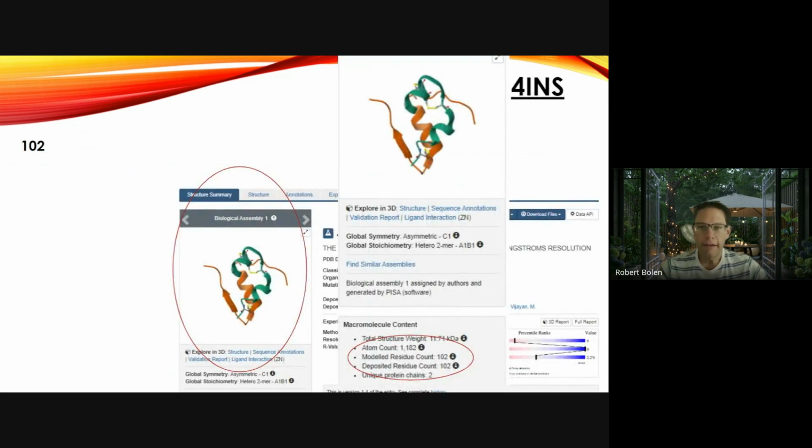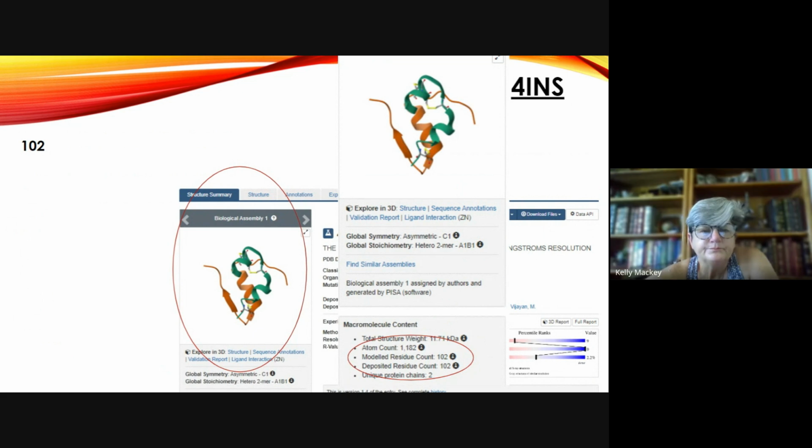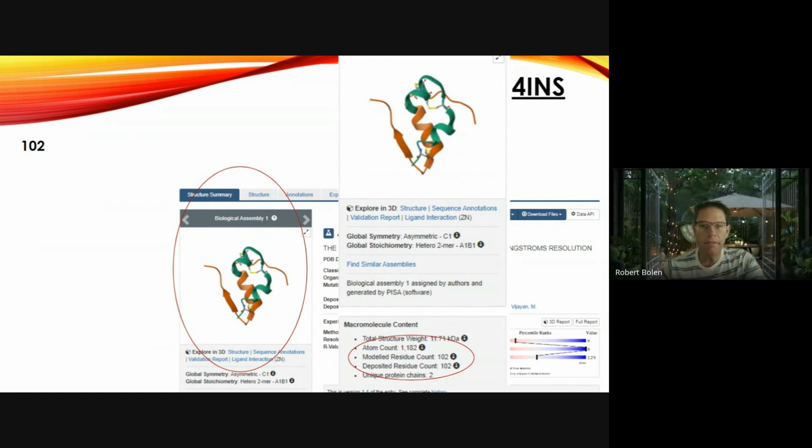See, on the left-hand side underneath the biological assembly, it has global symmetry, asymmetric, global stoichiometry, hetero 2-mer. So I'm wondering if that meant you got A1B1, but it's actually a dimer. I'm wondering if that's why.